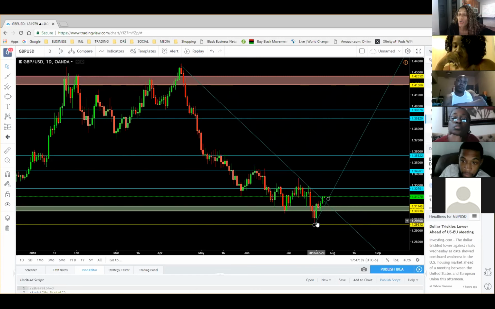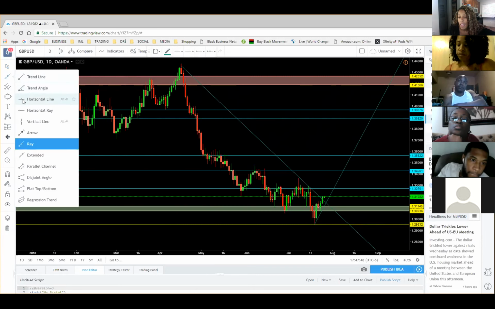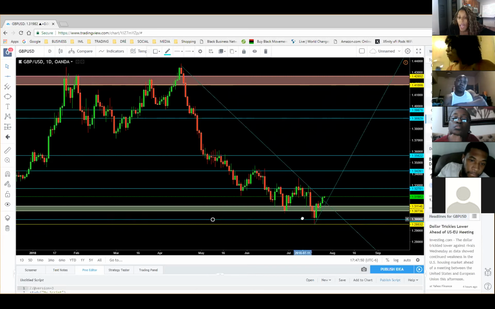So it broke through, and now you waited and you saw that it even created another demand zone. Right? Okay, great. So now it creates this demand zone, and you're boxing it up.